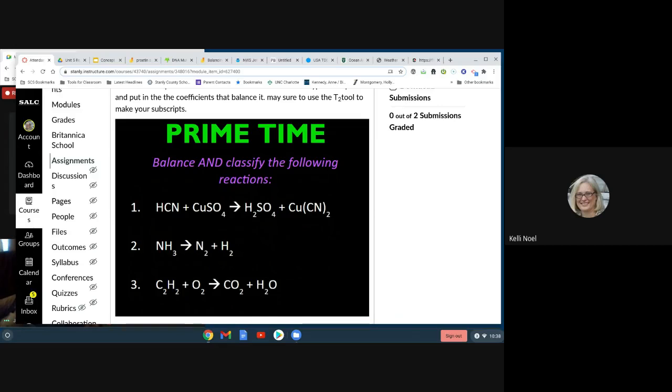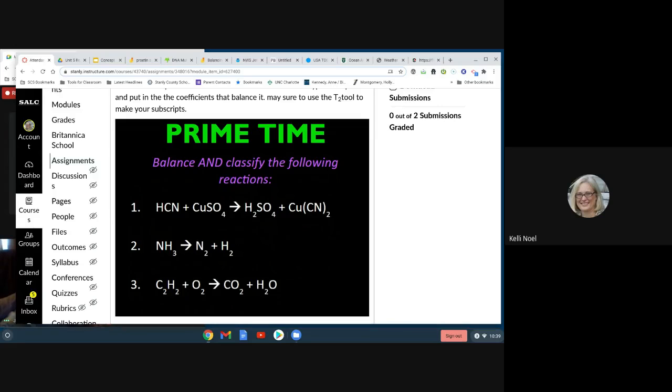So H is with SO4 and Cu is with CN. So this is considered double. So you're going to also write for number one double. You'll see that as double replacement or double displacement. So for number one, one more time, you're going to type 2, comma 1, comma 1, comma 1. So you should have a 2 and three 1s and then the word double.